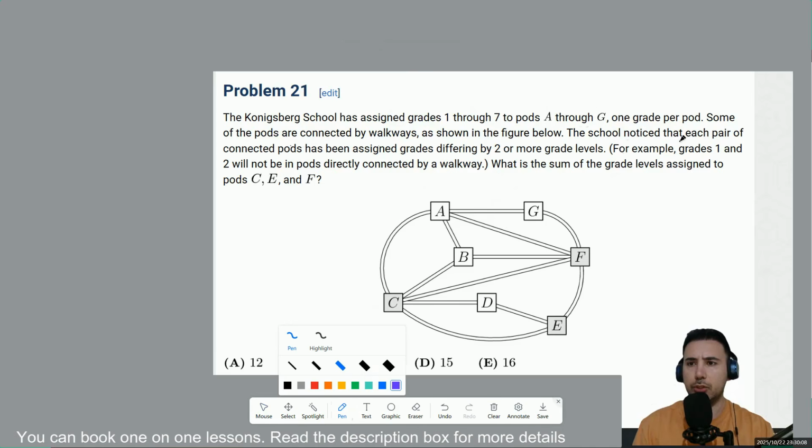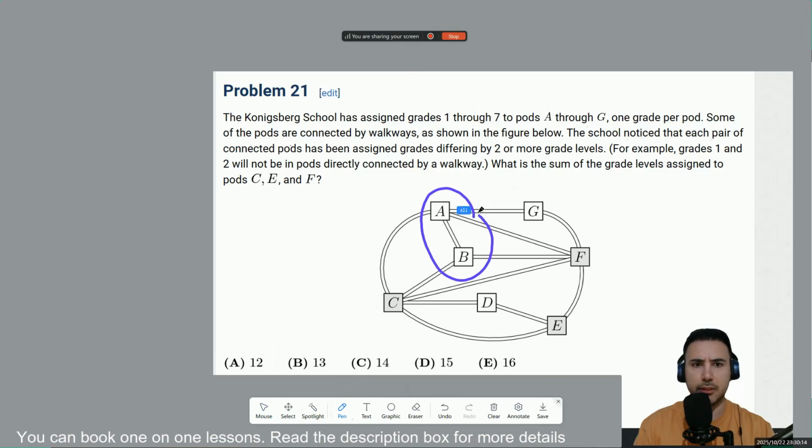The school noticed that each pair of connected pods, for example this, has been assigned grades differing by 2 or more grade levels. For example, grades 1 and 2 will not be in the pods directly connected by a walkway. So it says this is 1, this cannot be 2.